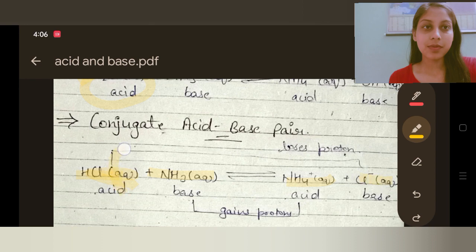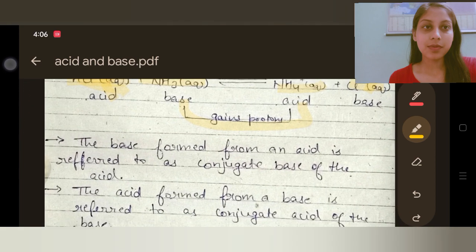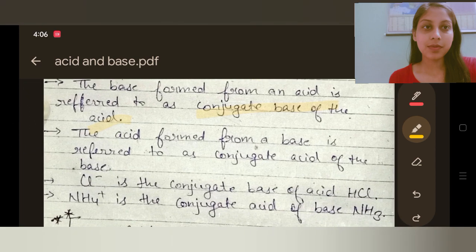So an acid loses a proton and forms a conjugate base. Similarly, a base gains a proton and forms a conjugate acid. So the base formed from an acid is referred to as the conjugate base of the acid. Similarly, the acid formed from a base is referred to as the conjugate acid of the base.